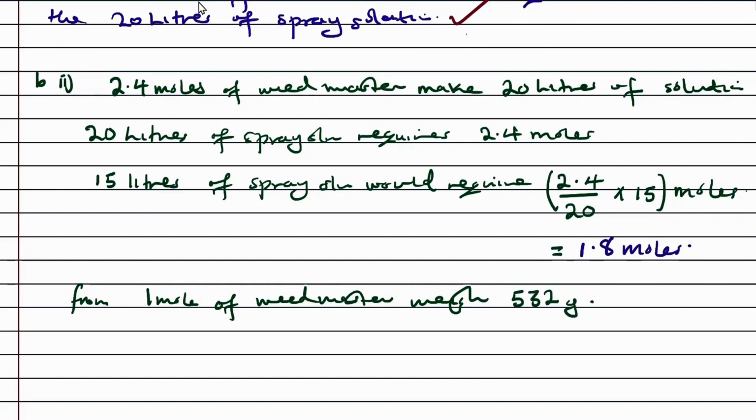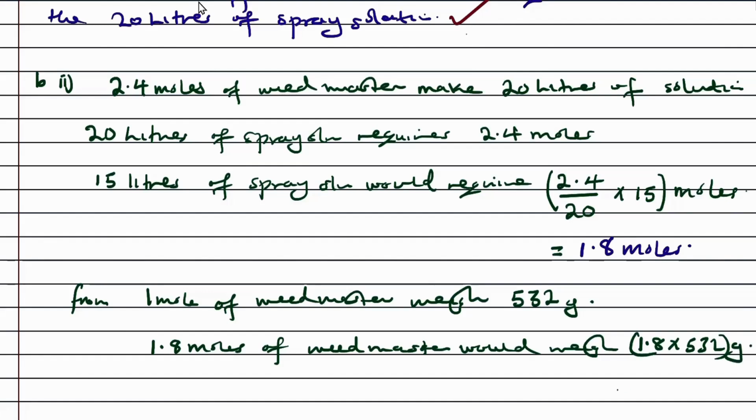What about the 1.8 moles of Weedmaster? It would weigh 1.8 multiplied by 532, and this one is going to be in grams. When I compute this, I'm getting my value to be 957.6, correct to 1 dp. So this is the mass I'm getting.